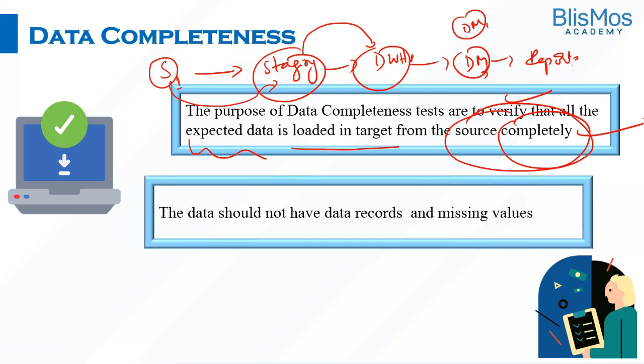Some of the things are when the data is moved from one stage to another stage, source to target, we should not have any missing records. And also we should not have any missing values. In order to ensure there are no missing records and there are no missing values, we got to perform the data completeness validation. How do we do that?